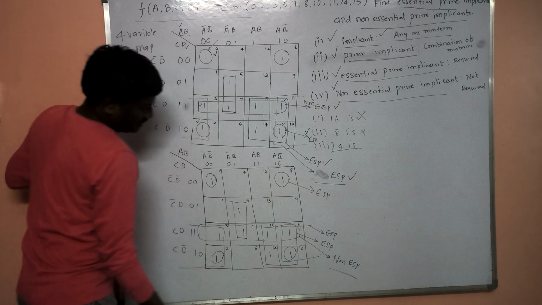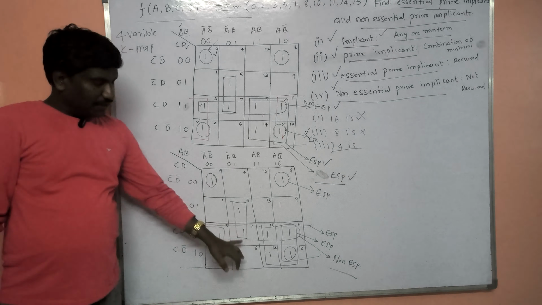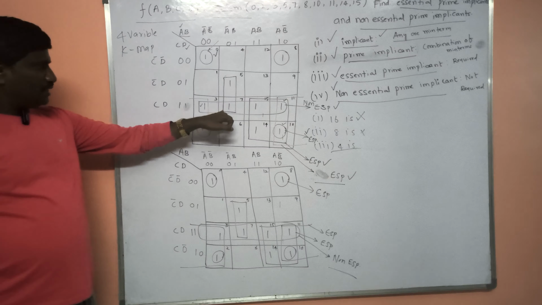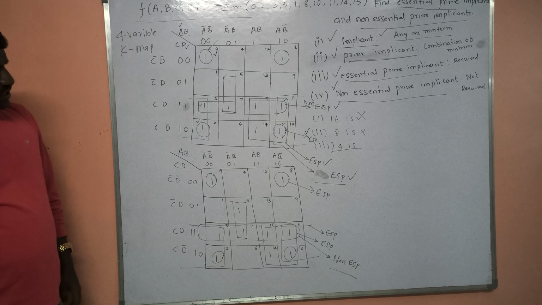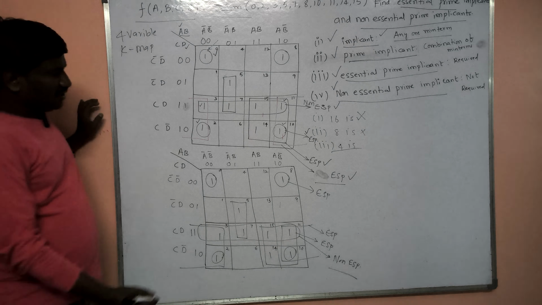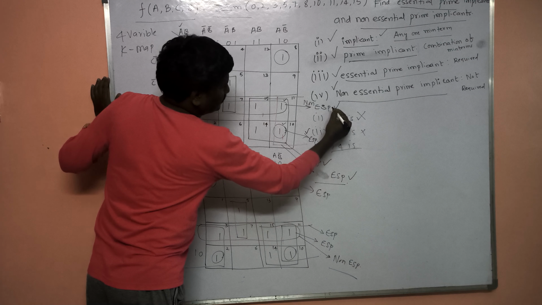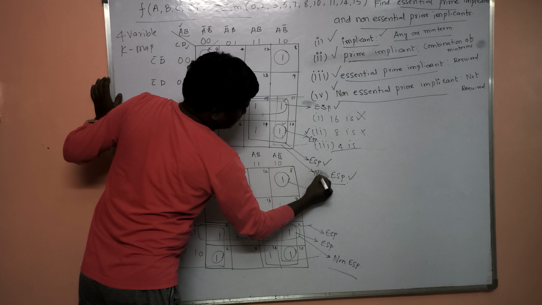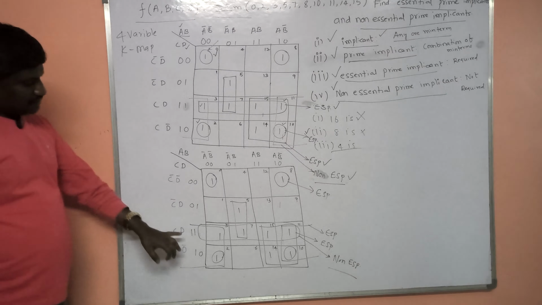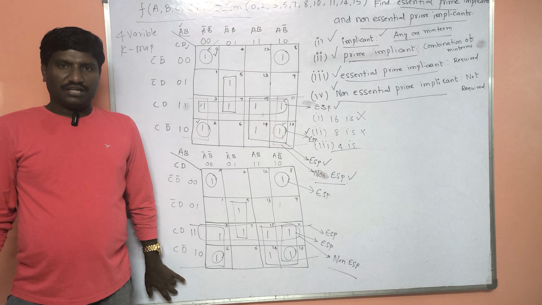So how do you implement it? Based on that, either this may be or that may be. That means you can choose one as essential and another as non-essential. If I take this as essential, this will be non-essential. If I take this as essential, then this will be non-essential. That is what is being shown. I hope you got it.